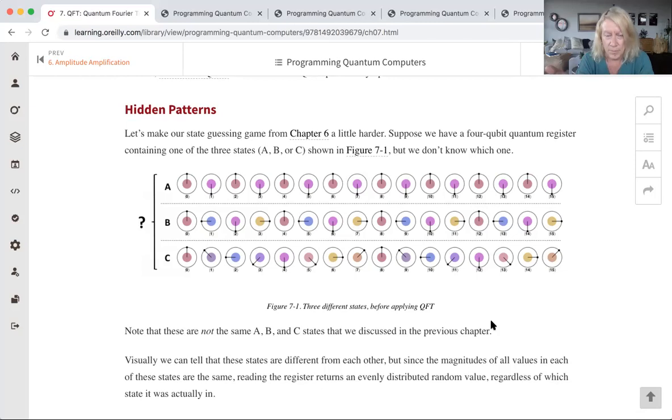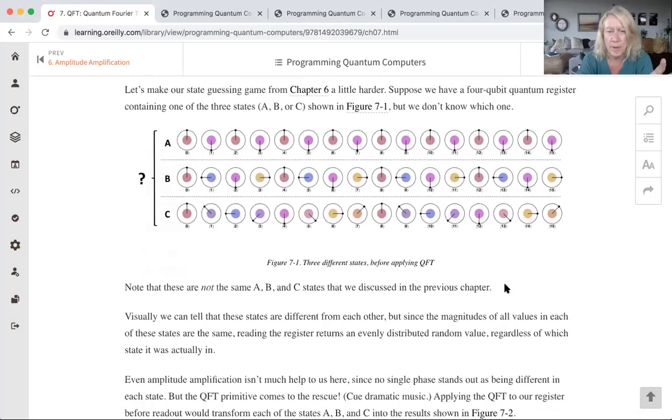Then they remind us that the states are different, but the magnitudes are the same. By state, they mean basically the line, whether it points up or down, but all the magnitudes are the same. So that's what we're starting with.